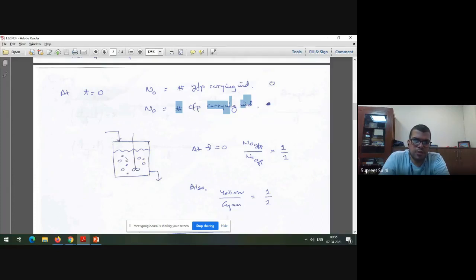So they put equal numbers of bacteria in this chemostat, and they start the chemostat's operation with that particular setting.